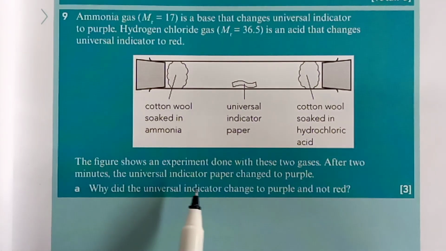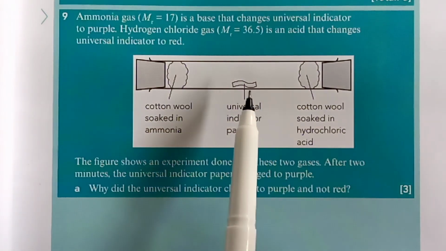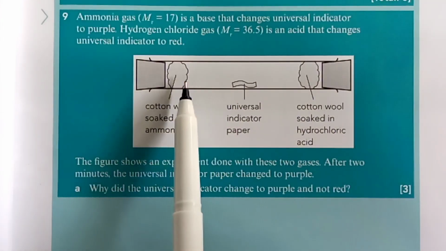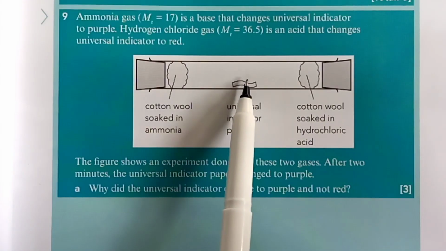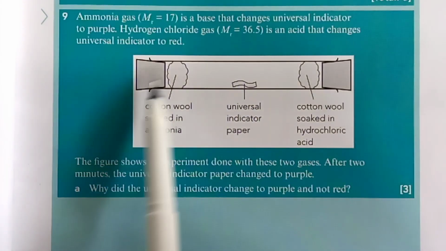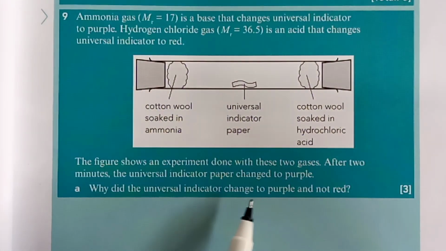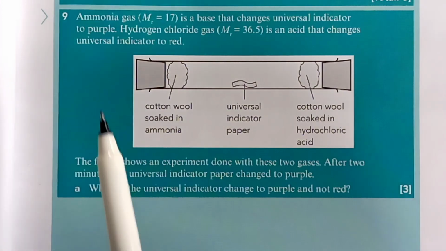So the figure shows the experiment done on these two gases. After 2 minutes, the universal indicator changed to purple, of course, because ammonia is lighter and has diffused faster. Same temperature because they are in the same tube. Why did the universal indicator change to purple and not red?